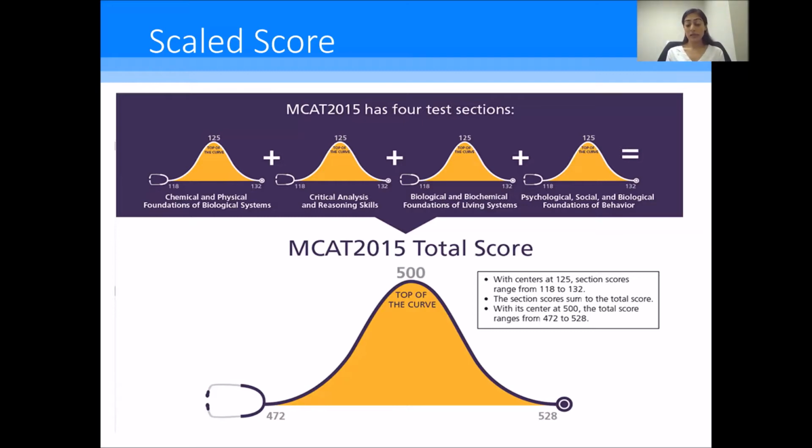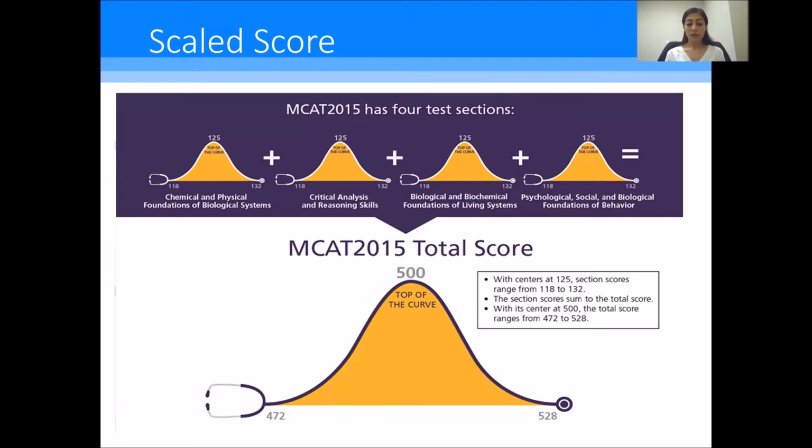The other thing that the AMC has also worked to change and implement is making use of the higher range or the perfect scaled score. So on the old version of the exam, which was scored from 3 to 45, there were very many years in which no one got a 45.